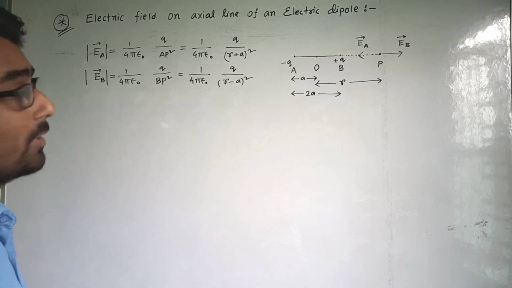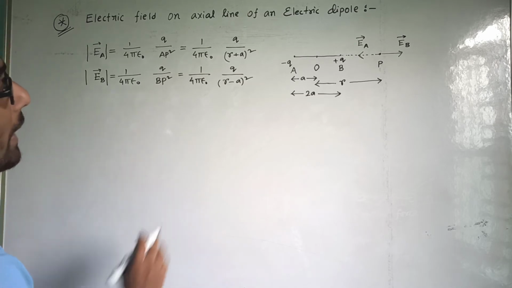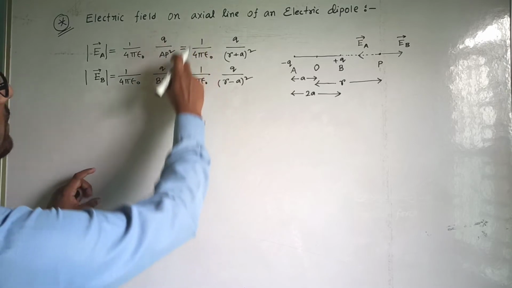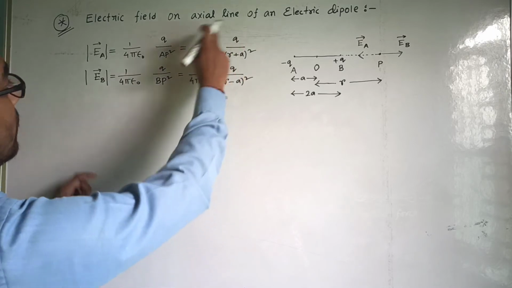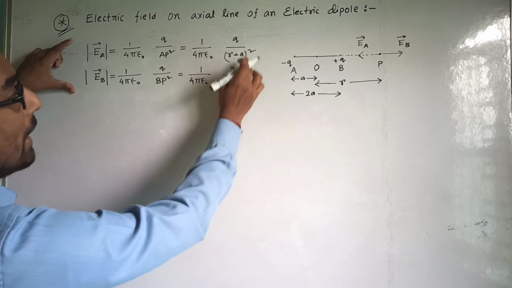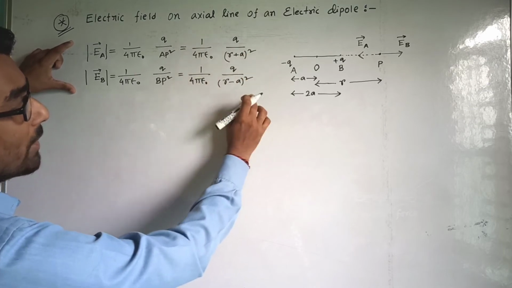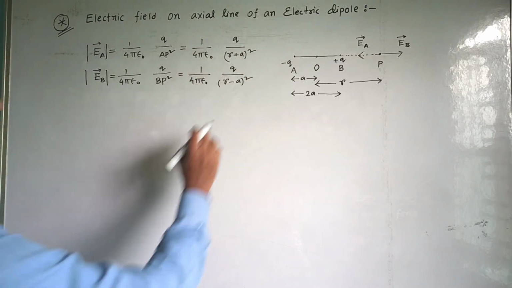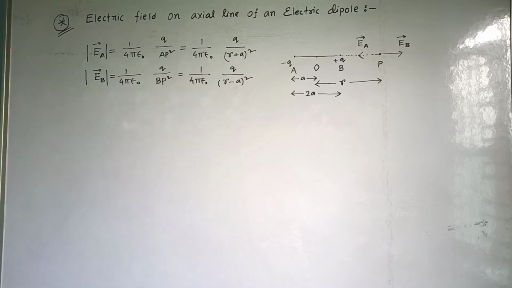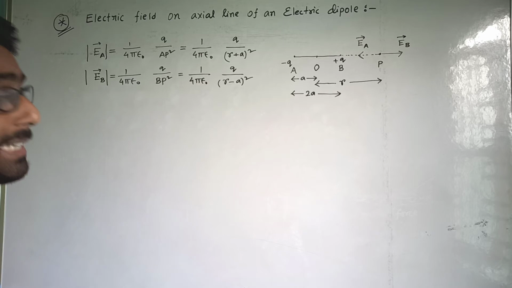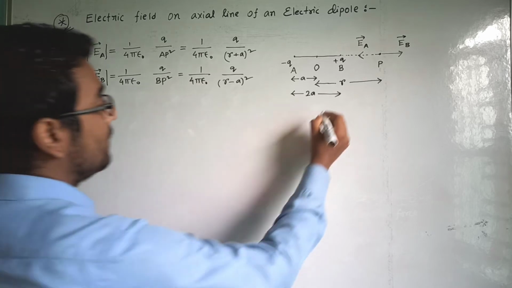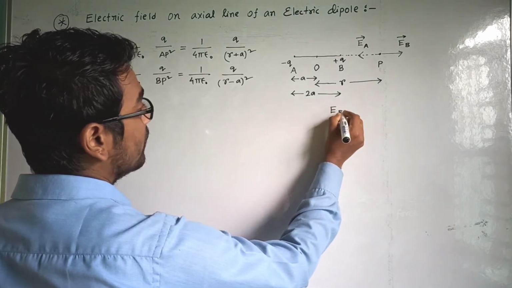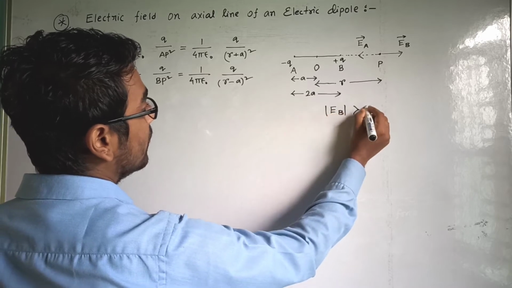Here you can see the magnitudes of both. These things are quite common in both the expressions, but 1 by (R plus A) whole square and 1 by (R minus A) whole square is the main thing which differentiates both the magnitudes of electric field. From there we can state that EB is greater than EA.